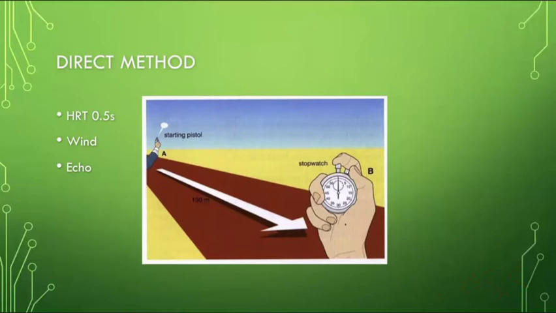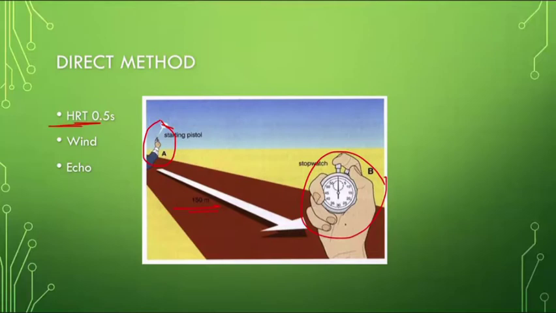So here again, we have person A with a starting pistol, person B with a stopwatch, and a known distance of 150 meters. When the pistol is fired, the person starts the stopwatch, and when the sound of the pistol is heard by person B, they stop the stopwatch. So what can be the problems here? The problem can be human reaction time, which is 0.5 seconds for humans.